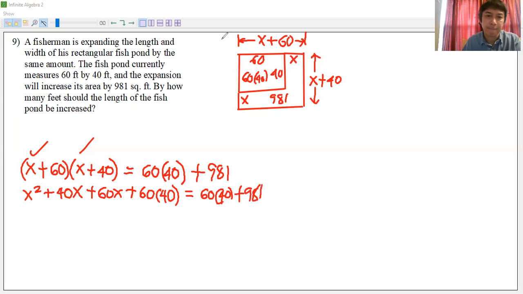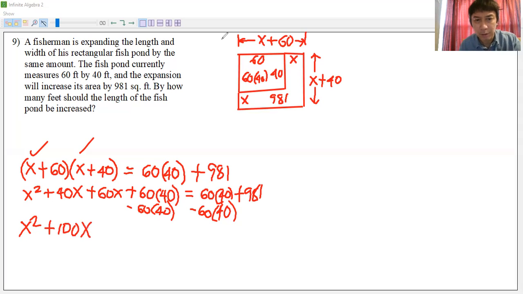There. Okay, so this cancels out, okay? When you subtract 60 times 40, subtract 60 times 40. There. And this will now be zeros. The left side will be x squared plus 100x.